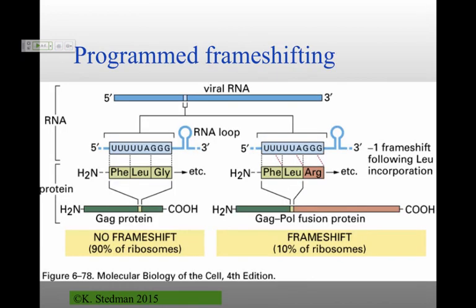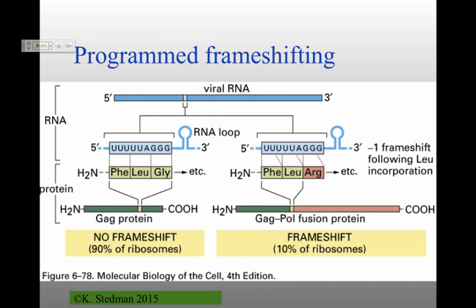So there's a couple of other things that happen in terms of stop codons and changing of translation. This is one of my favorites, of course, because it happens in viruses. Turns out it happens in non-viral RNAs as well, but it's best understood in viruses. And it turns out it's actually best understood in retroviruses like HIV.